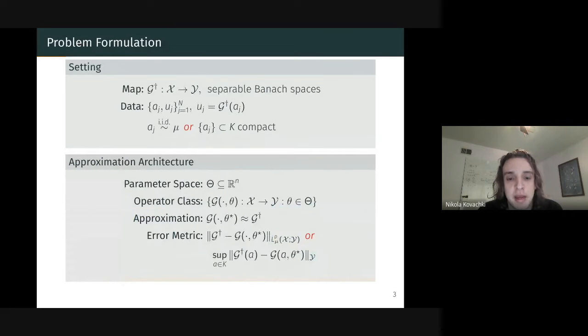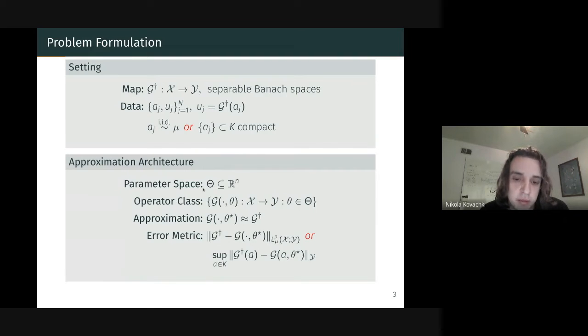So let me maybe just go back. The way I'm going to think about things is that this is just the generic setup. We're going to think of such mappings, and we're going to try to find mappings which abstractly work on any kind of function, but are parametrized in some finite dimensional way.